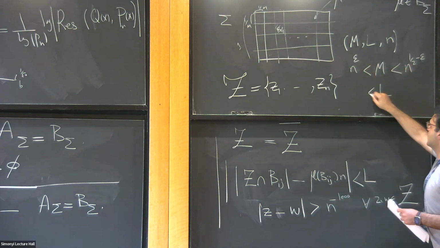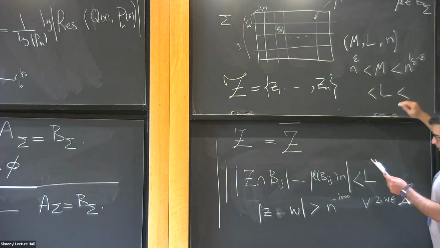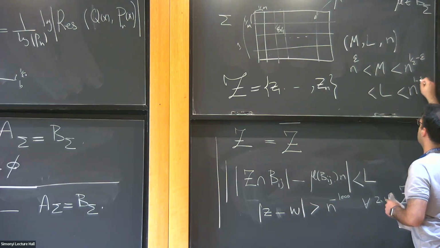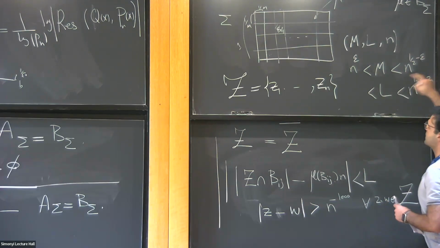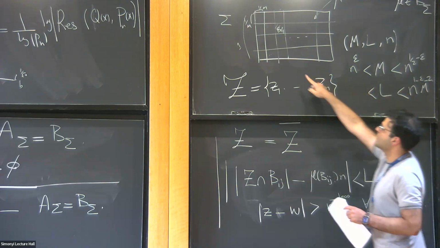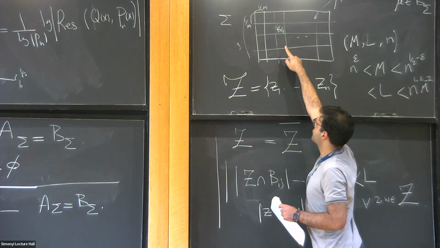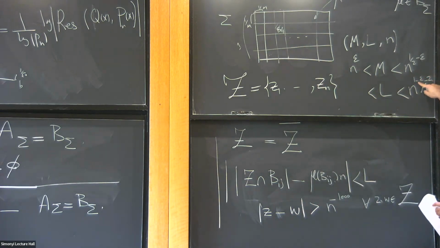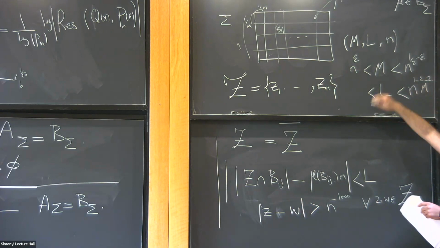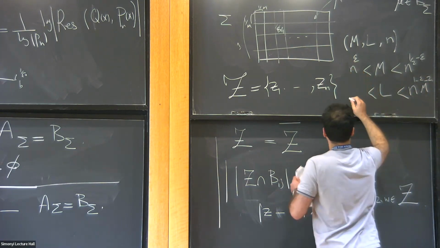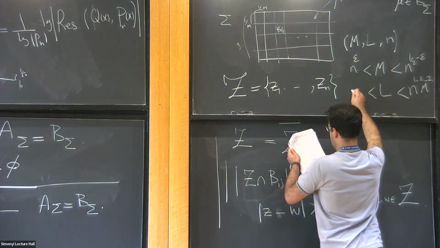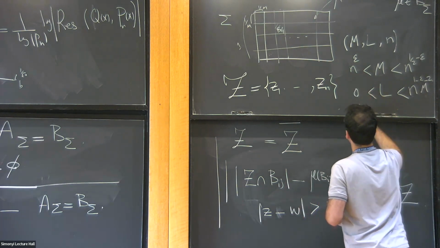And L should be also n to the minus epsilon times m to the minus half. Again, it's what you expect. You have n points, so the average value you expect is n times m to the minus 2, but you just take a power saving. So both of them hold if you sample IID independently. All right, those are the conditions that we need.